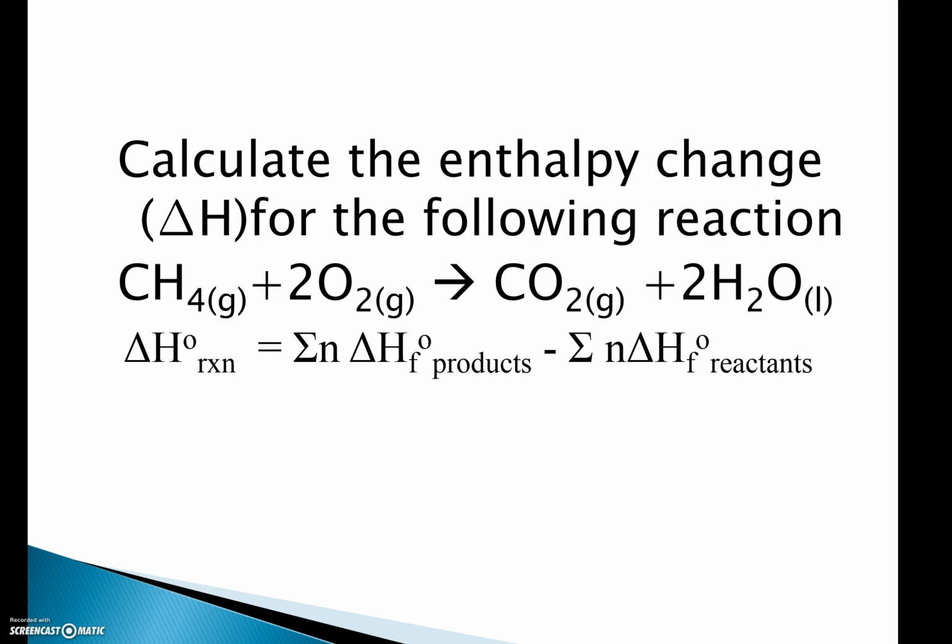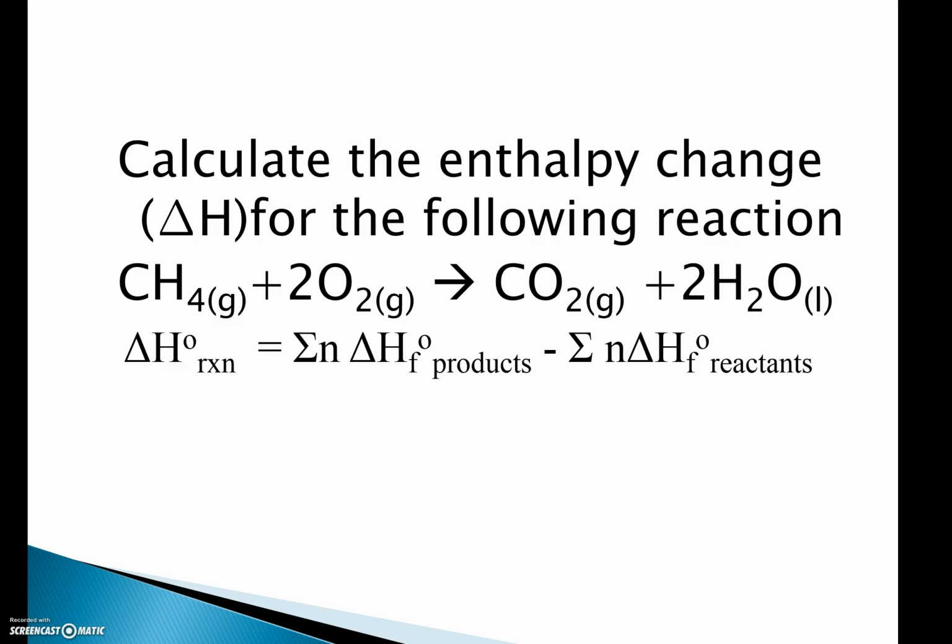So here's an example of a problem. Again, this is something that we've seen in earlier chapters, so we should be able to do this using the values on the table. It says calculate the enthalpy change, or our delta H value, for the following reaction. So we have gaseous methane reacting with gaseous oxygen to produce gaseous carbon dioxide and liquid water.